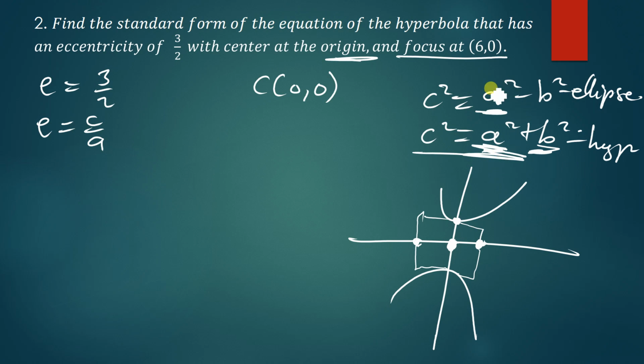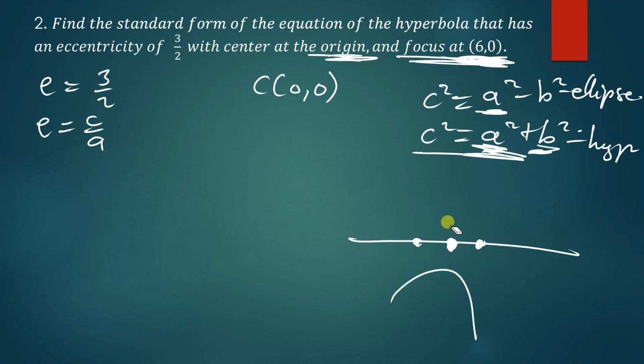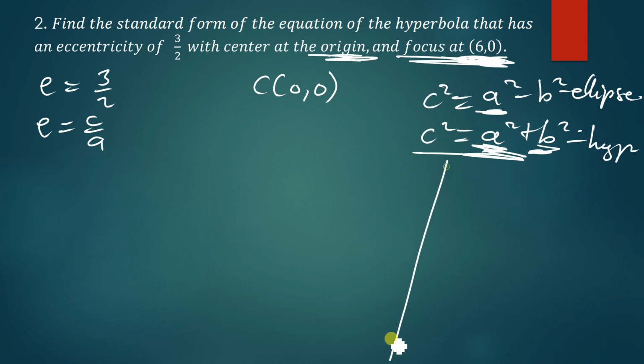we have been given that the distance from the center to the focus is 6, because we've been told the coordinate of the focus is 6, 0. So this tells us now that the orientation of this curve is in the x direction, because the focus is there at 6, 0.